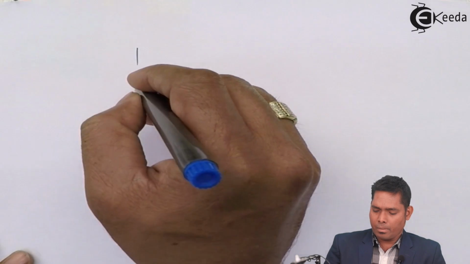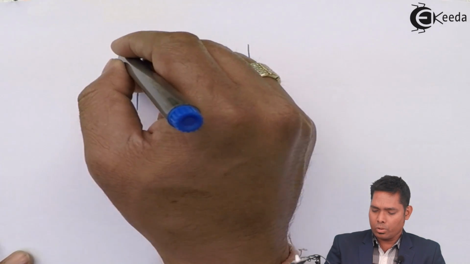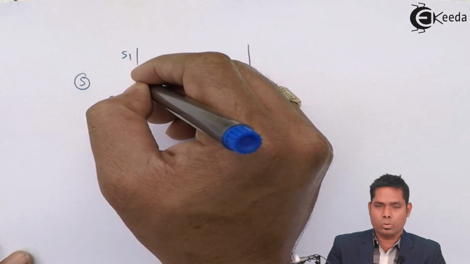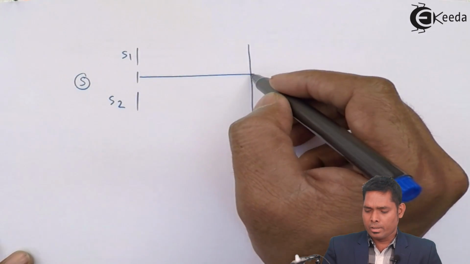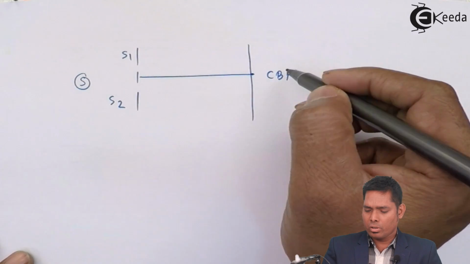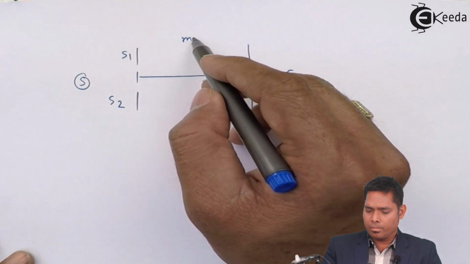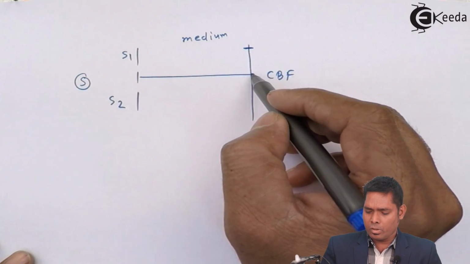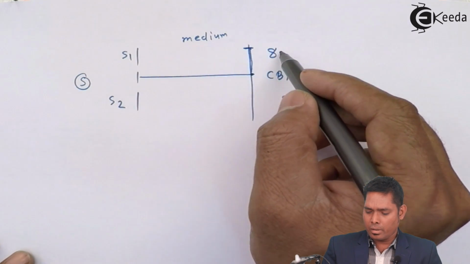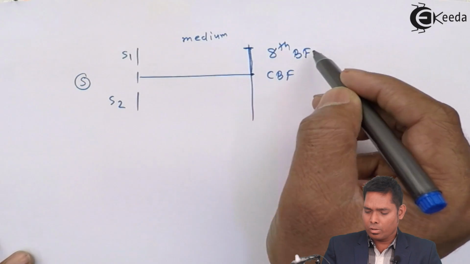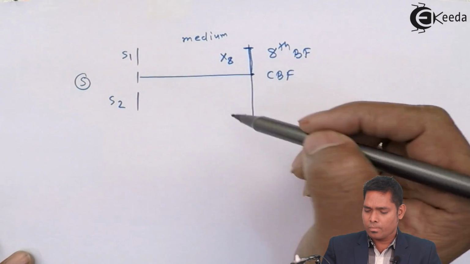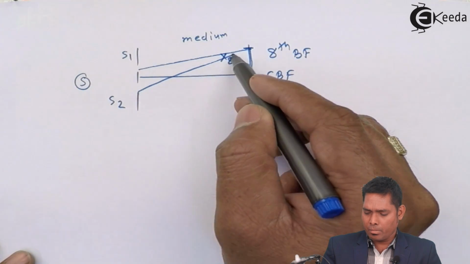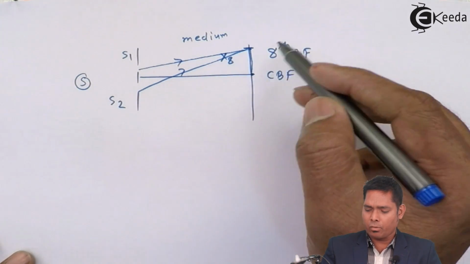In a double slit experiment, this is source S1 and this is source S2, and the main source is here. These are the two coherent sources obtained. This is the central bright fringe. When it is any medium, the position where we get the 8th bright fringe, suppose this distance is x8. The ray coming from here and the ray coming from here meet, interfere and produce the 8th bright fringe.